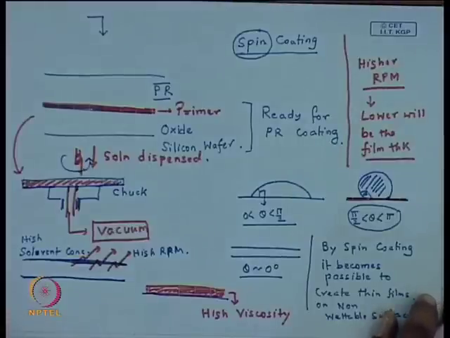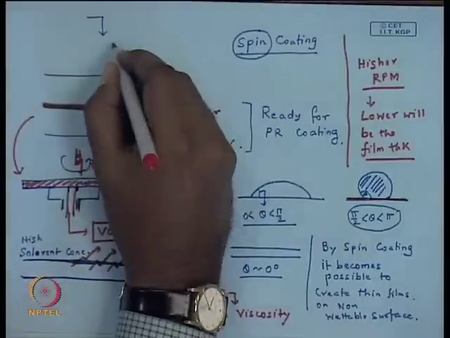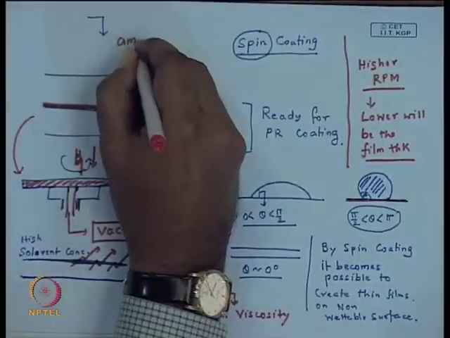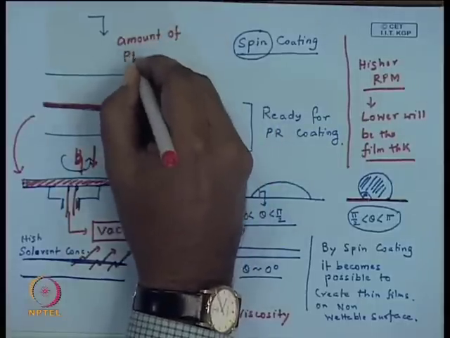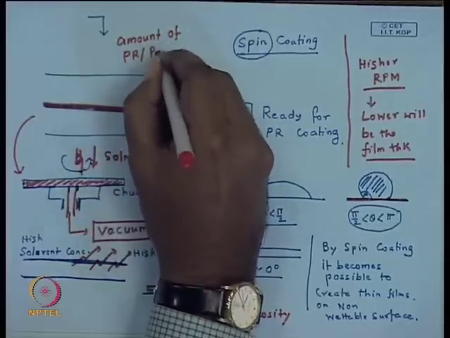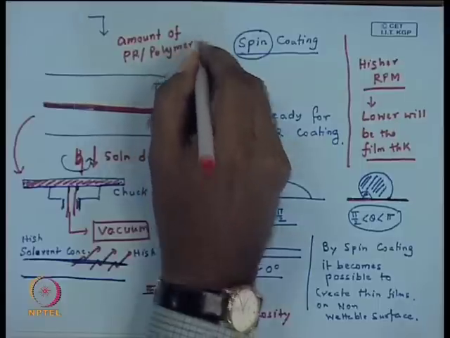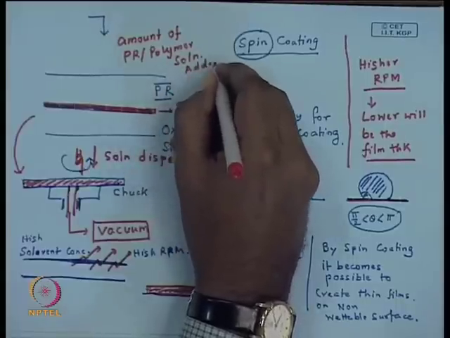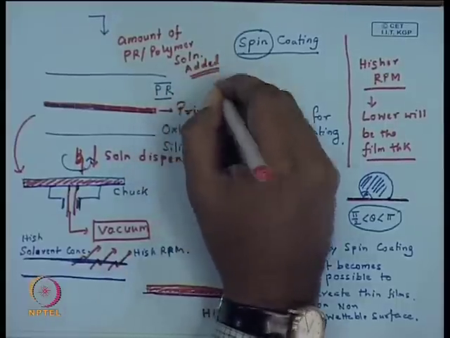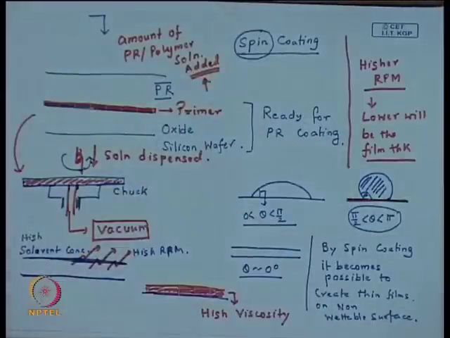Then essentially the dispensed drop volume, or the amount of photoresist or polymer solution added, because this in turn affects the amount of polymer that you are adding onto the substrate.